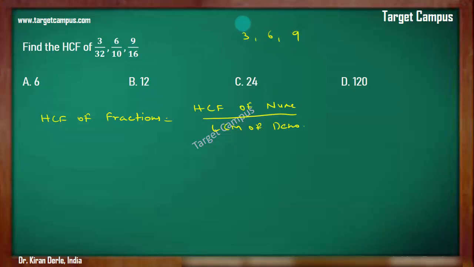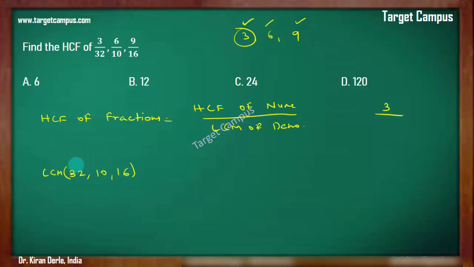The highest number which can divide 3, 6 and 9 is 3. So the HCF is 3, right? Now the LCM of the denominators 32, 10 and 16. What will be the LCM?